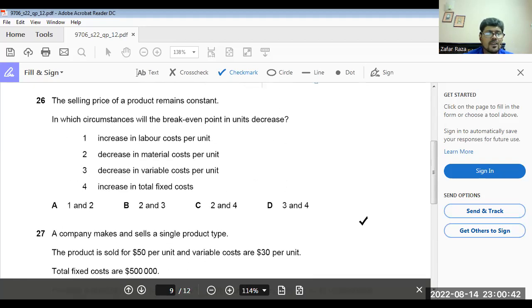Okay. Question 26. Now, the selling price of product event, in which circumstance will the break-even point in unit decreases? Break-even point is decreasing. Increase in labor cost.